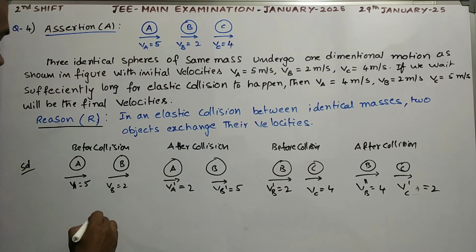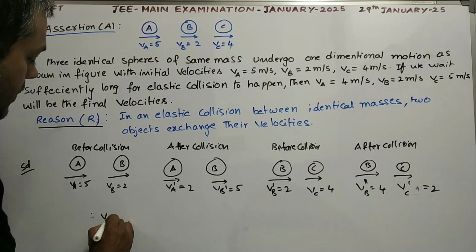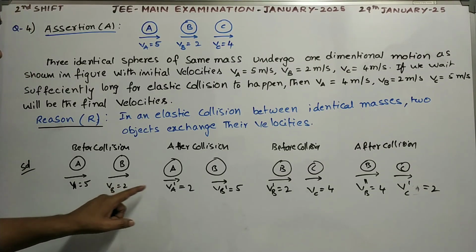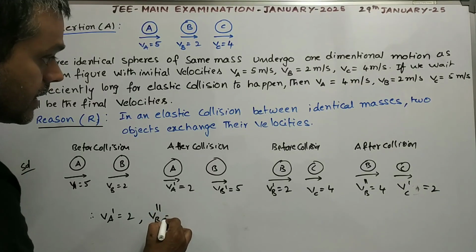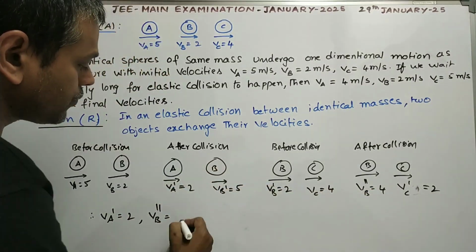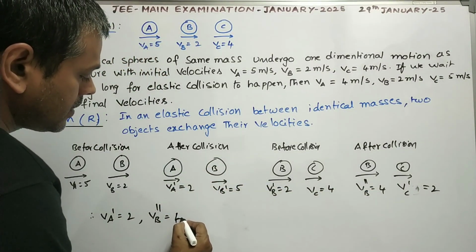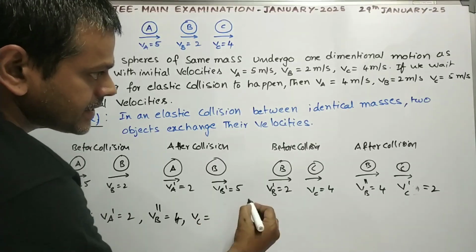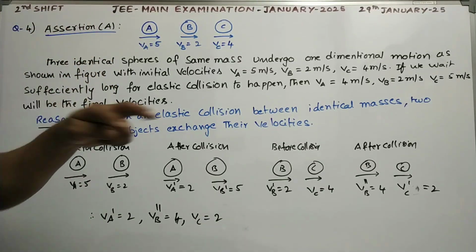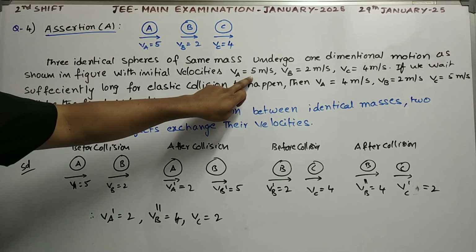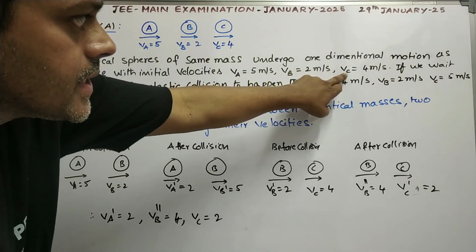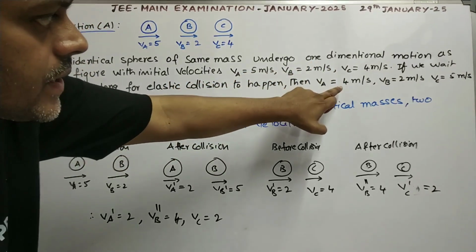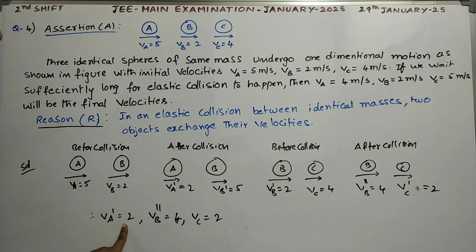So finally, after collision, VA dash is equal to 2, VB double dash is equal to 4, and VC is equal to 2. What is given? VA is equal to 5 meter per second, VB is equal to 2 meter per second. These are the velocities before collision. But after collision, VA is equal to 4, it is wrong.